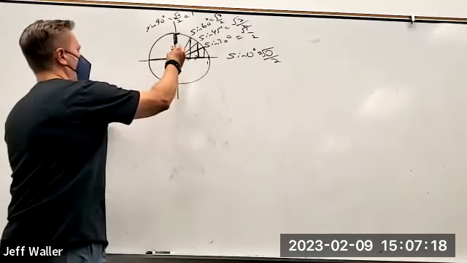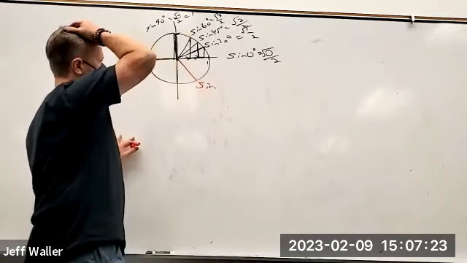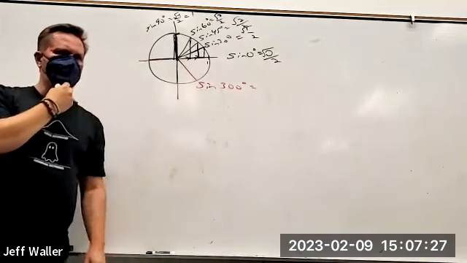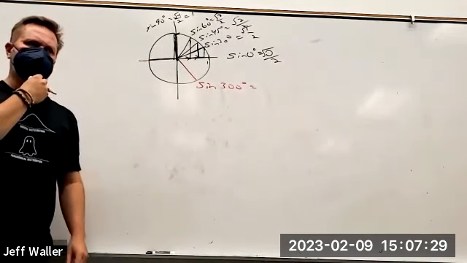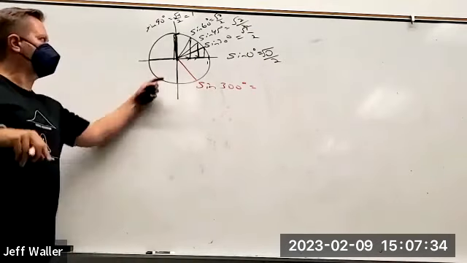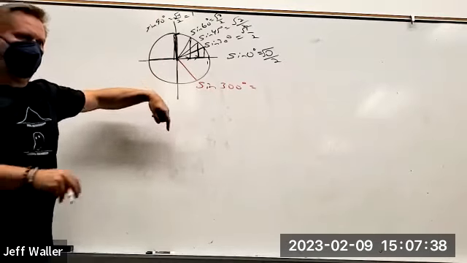So again, if I had to figure out the sine of, Jeff, 300 degrees, is that going to be negative or positive? Sine likes y, and y is negative there, right? So it's going to be negative.